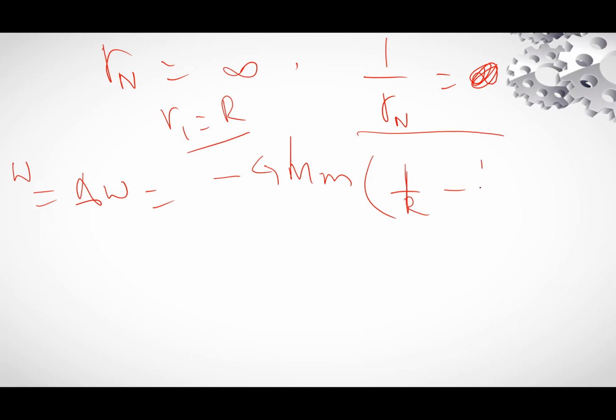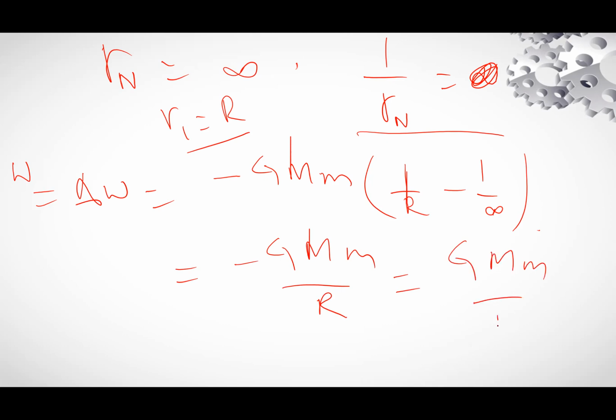So with R minus 1 divided by infinity, we will write minus GM m divided by R. This is work done against the field, while it is in the direction of the field. This is the work done against the gravitational field, the most generalized form.